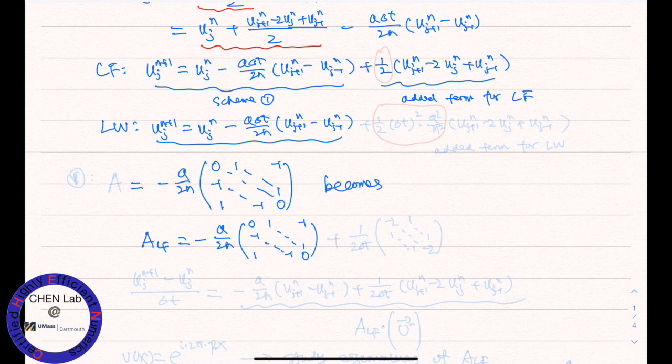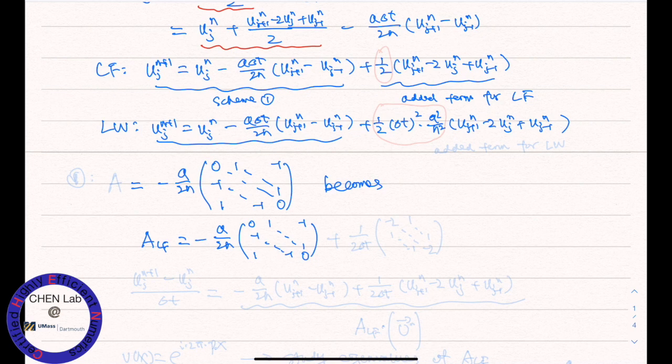What we added in that case was, if you recall the video before the last video, 1/2 delta t squared times a squared over h squared, UJ plus 1n minus 2 UJN plus UJ minus 1n.